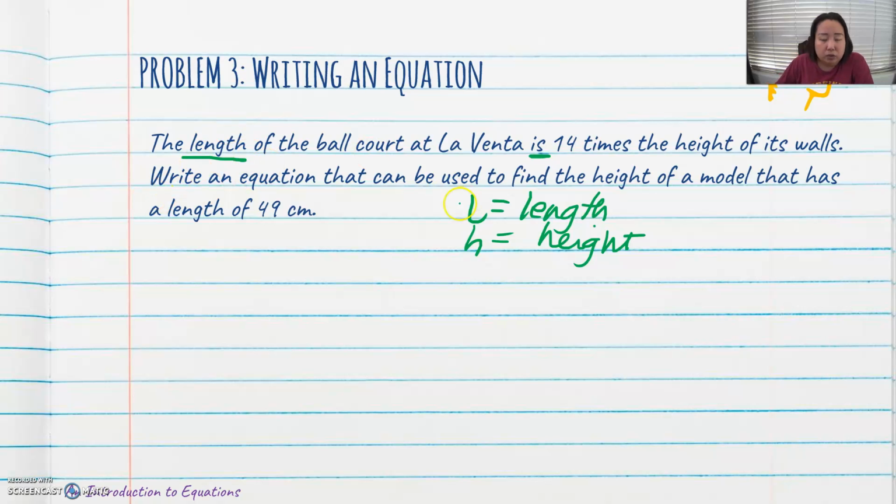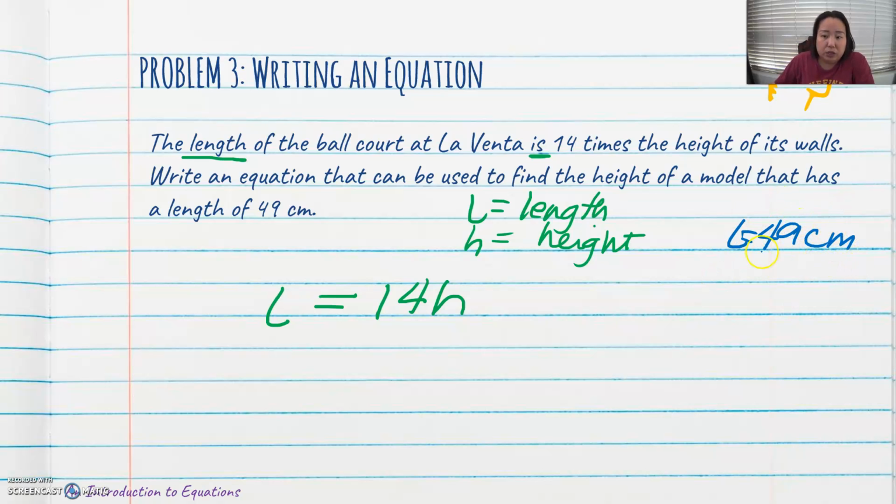According to this first sentence, the length is 14 times, again that's multiplication, 14 times the height, so that's going to be h. The question here is to write an equation that can be used to find the height of a model that has a length of 49 centimeters. So our length is 49 centimeters.